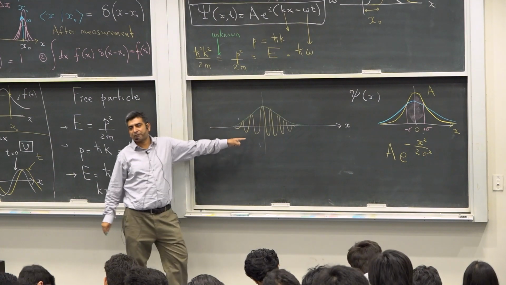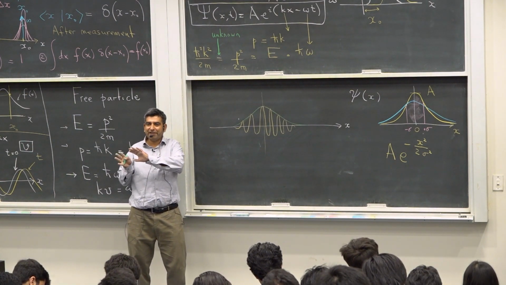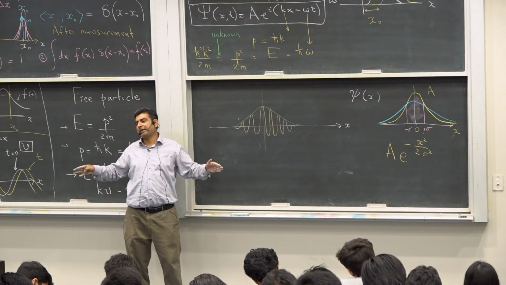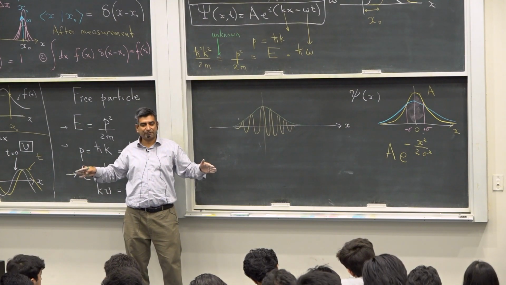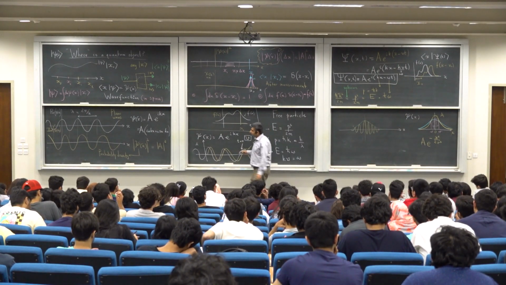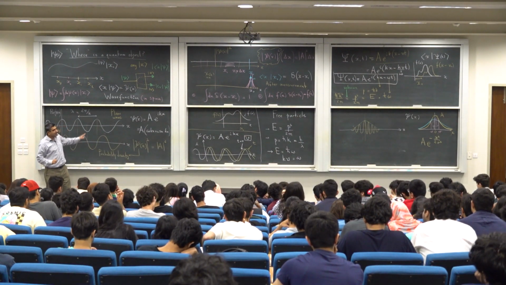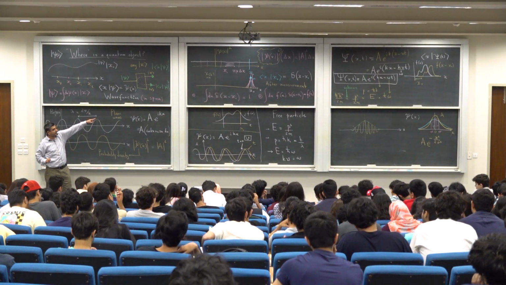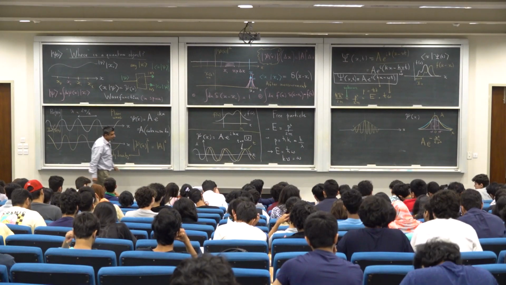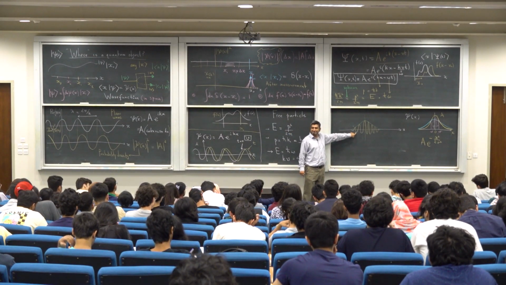Now this function that I've drawn over here is not really a plane wave, but it's a plane wave that has been multiplied with a Gaussian function. So this is the entire plane wave over here, all of it. This is your plane wave. I multiplied with the Gaussian function at the extreme right. I will get this function over here. Got it?